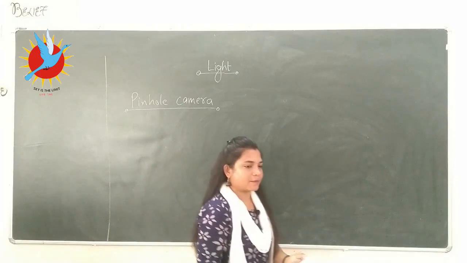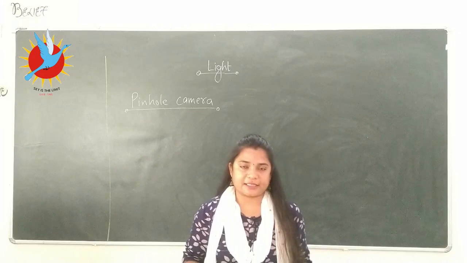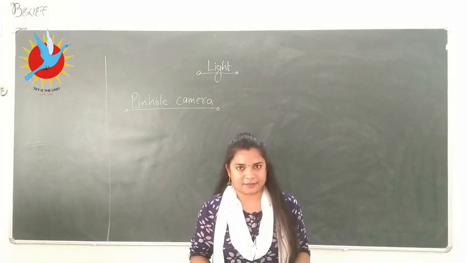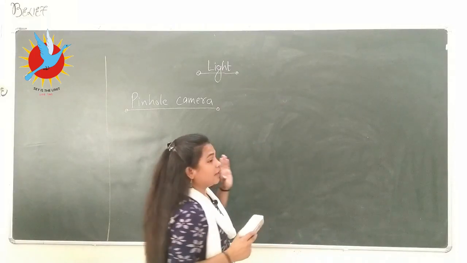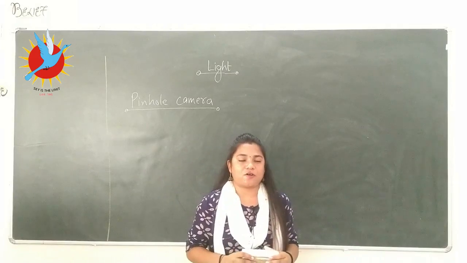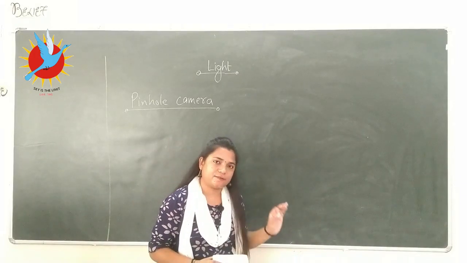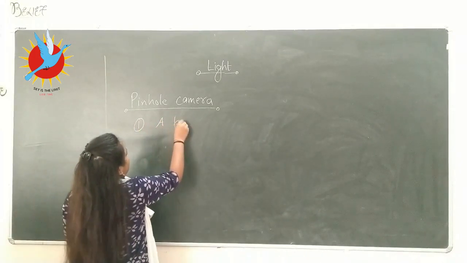Okay, students, there was an Arab physicist. His name was Ibn al-Haytham or Alhazen. He invented the precursor of the pinhole camera based on the rectilinear propagation of light.